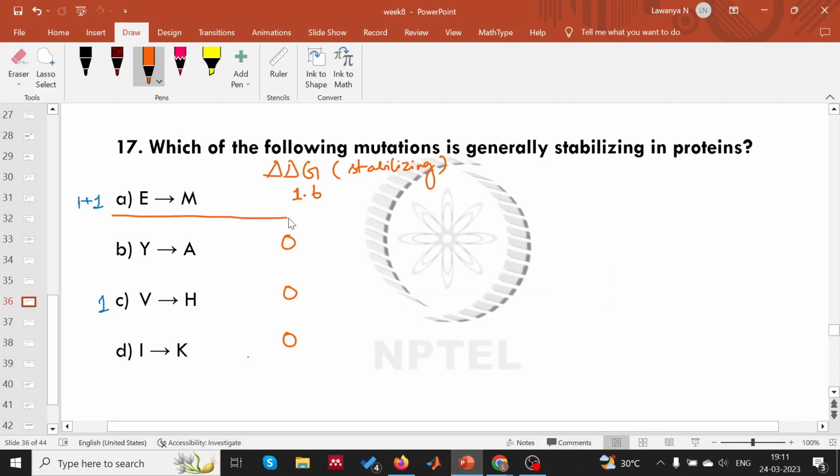So the only thing that gives you a positive stabilizing value is option A, E to M. They would generally not ask you questions that require you to remember these many values. So I don't think you need to take pressure or stress over such things.